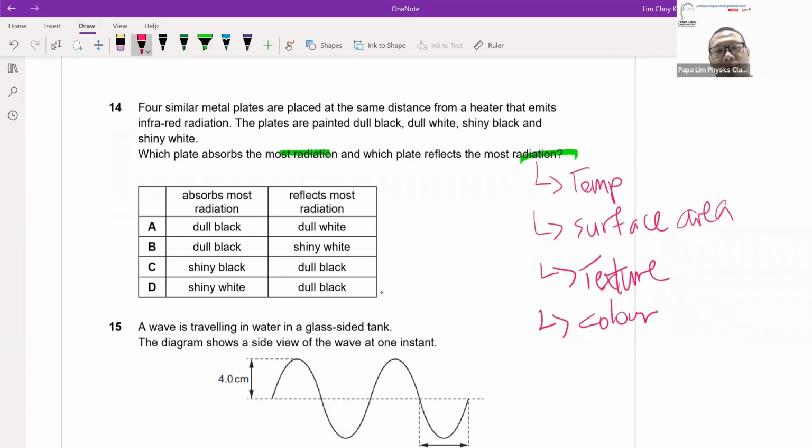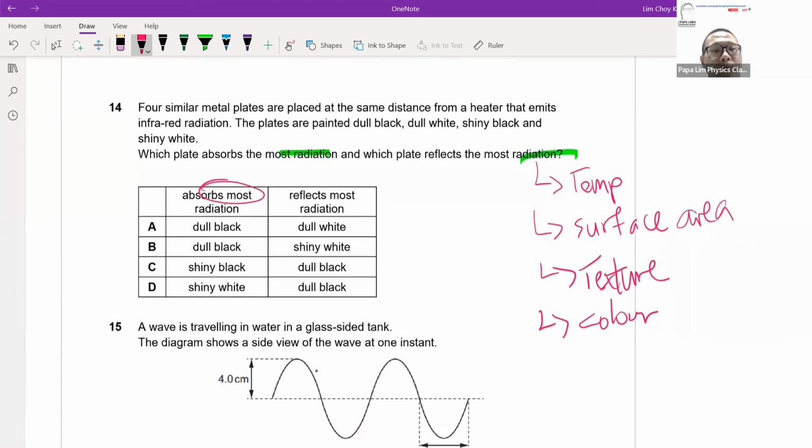I'll leave the link below in my description panel, and also in the top right hand corner of your screen, which will take you to the video that has the clues and keyword summary.